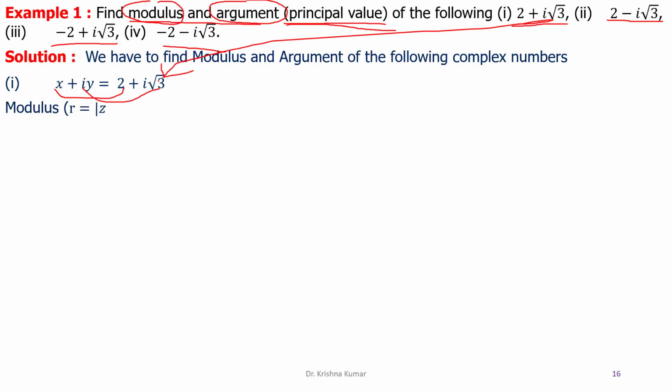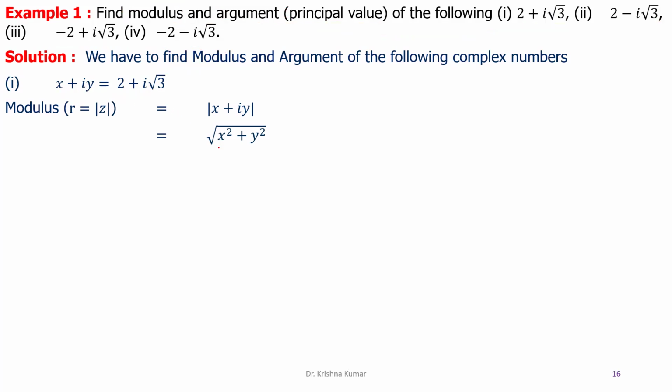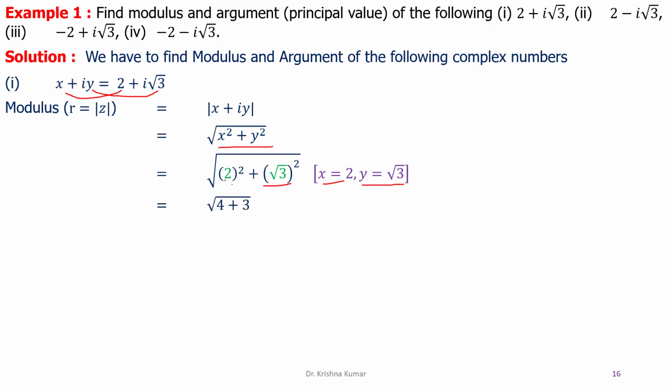So we know that the modulus r, which is given by mod z, is the mod of x plus iy, which is root over x squared plus y squared. Putting x equal to 2 and y equal to root 3, we get root over 2 squared plus root 3 squared. 2 squared is 4, plus root 3 squared is 3, so root over 4 plus 3. Hence, the modulus of the given complex number 2 plus i root 3 is root 7.